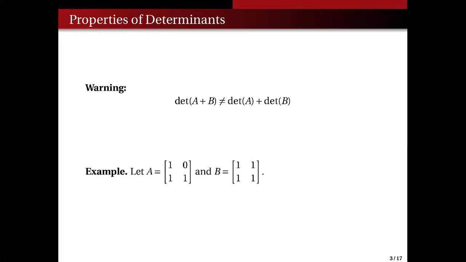So if you want to find the determinant of A, you just have what? This times this minus this times this, correct? So the determinant of A here is equal to 1, okay?